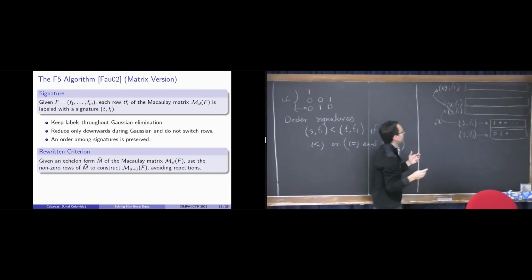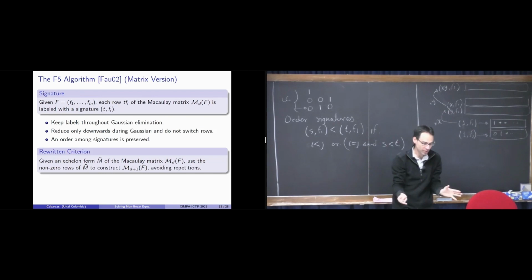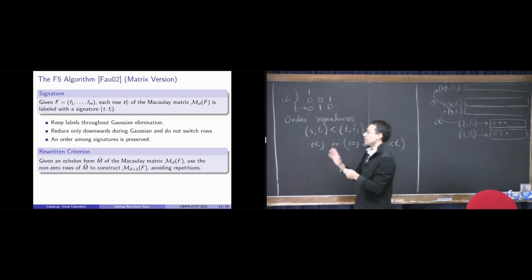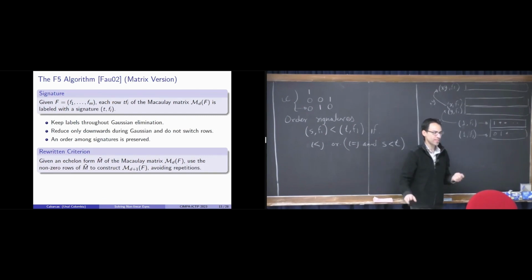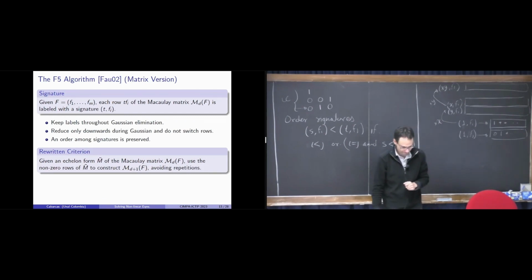And clearly, we don't want to multiply this one by x because we're going to get the same thing, right? So we need a systematic way of doing this. Avoid the repetitions, use the Macaulay matrix, echelonize to construct the next one. That's called the rewritten criterion of F5.